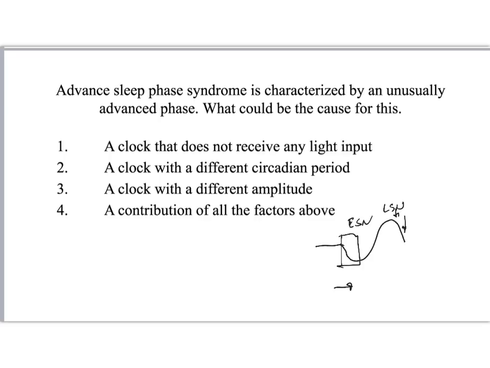So in order to do that, they need to, in a way, push their night. So their night is here, their subjective night. They need to push it forward a little bit so it gets exposed to the evening light, which means that they will go to bed earlier, right?